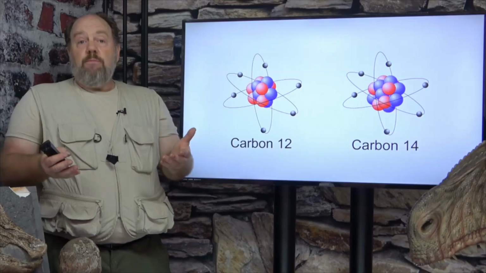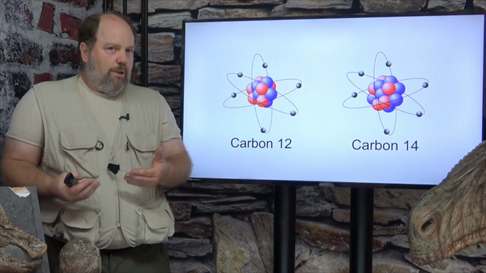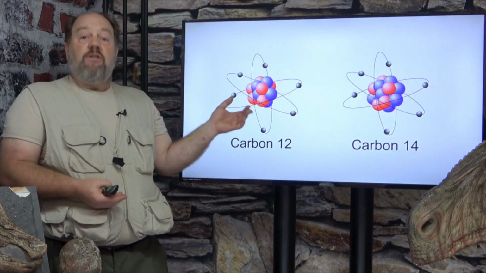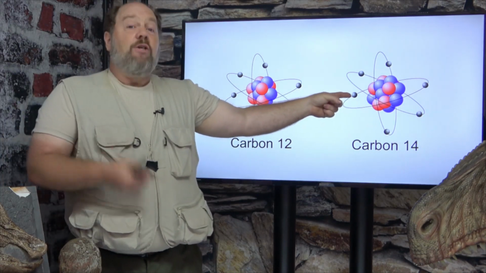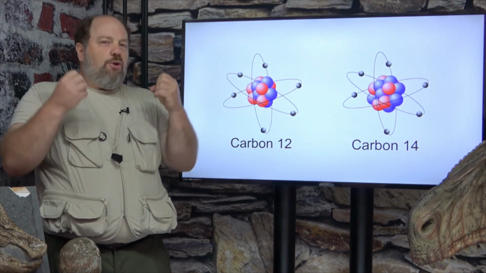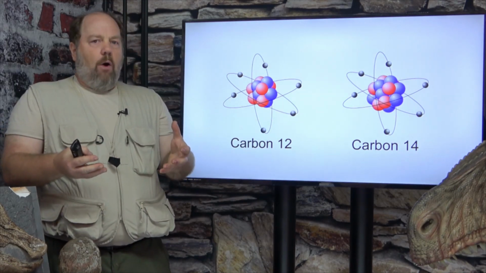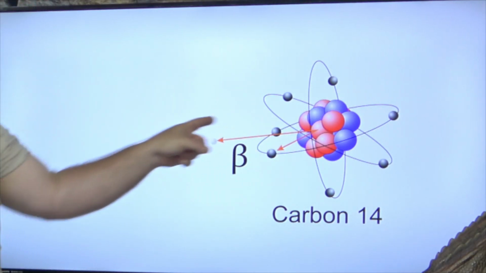So a great many atoms, including hydrogen, can have many different isotopes. Carbon-12 is a stable isotope, whereas carbon-14 is unstable and thus radioactive. It wants to get rid of a neutron somehow, and it does this as beta radiation.